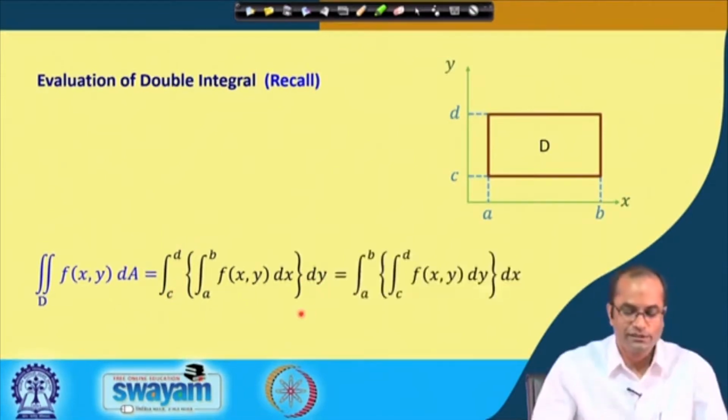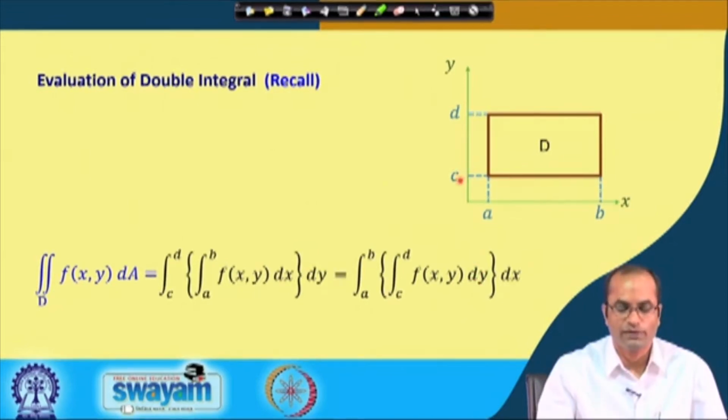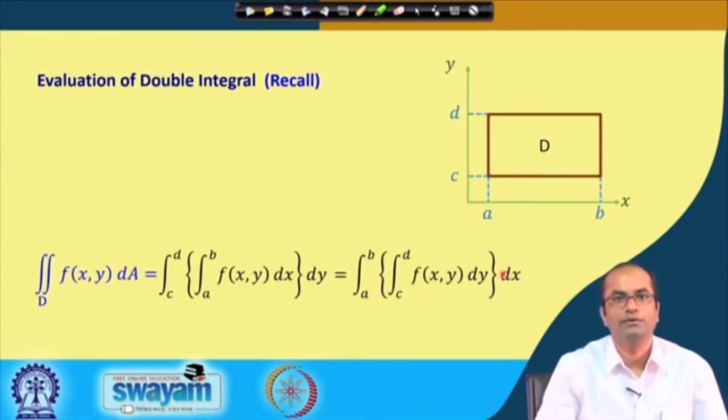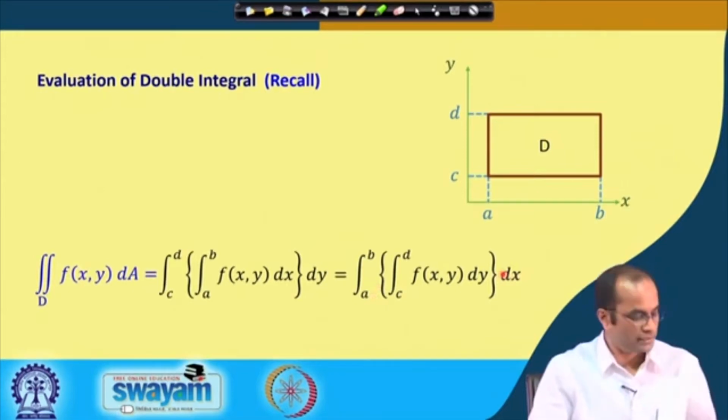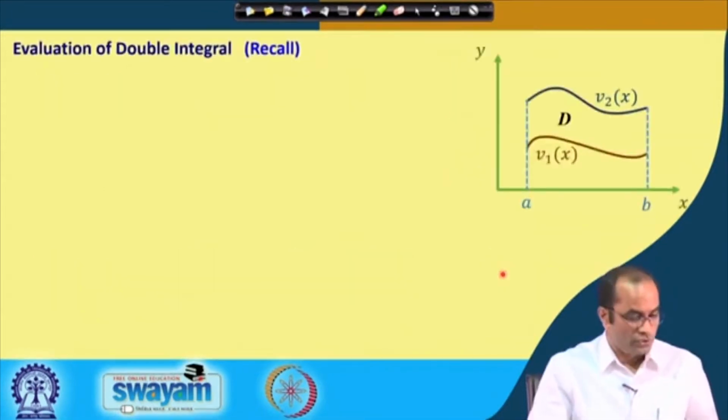We can change the order here, meaning that we can first evaluate the integral with respect to y, where the limits of y will go from c to d, and then at the end we can evaluate the single integral with respect to x, and the limit will be a to b in that case.